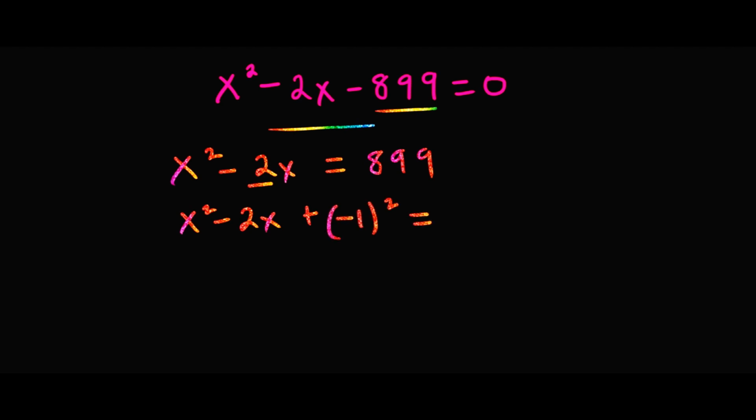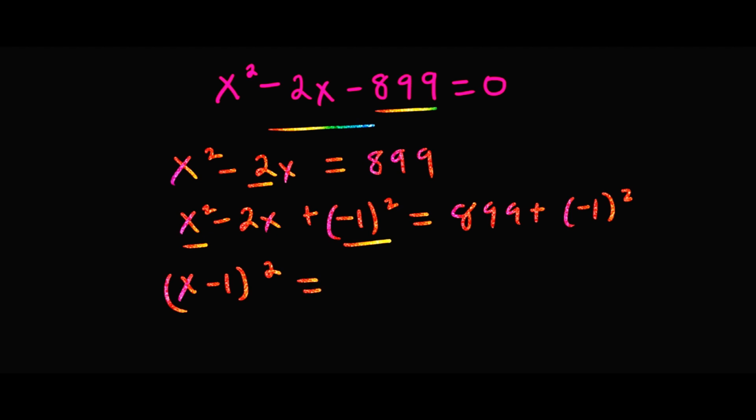And to keep the balance in the equation, we do the same to the right-hand side of this equation. So we take the perfect square on the left-hand side, that is the square root of x squared and the square root of the new c, that will be x minus 1 raised to power 2, is equal to the simplified form of the right-hand side.